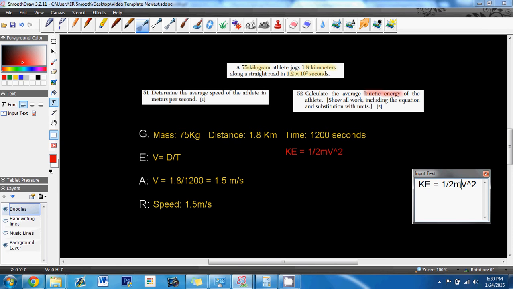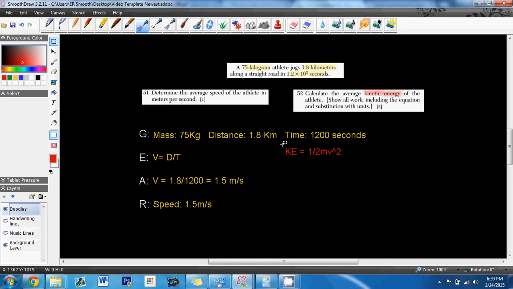Alright, let's put this lowercase. So that's our equation right there. Alright, so moving on. Now that we have our equation and we have found our velocity, we can find the kinetic energy. So the mass, which we know from our given, is 75 kilograms and the velocity is 1.5 meters per second.